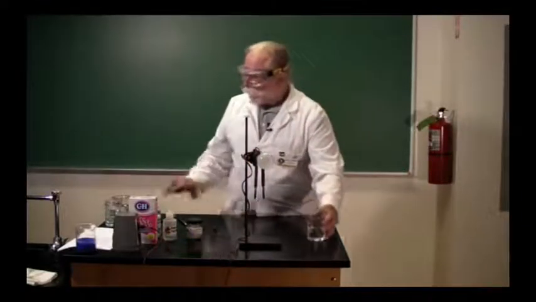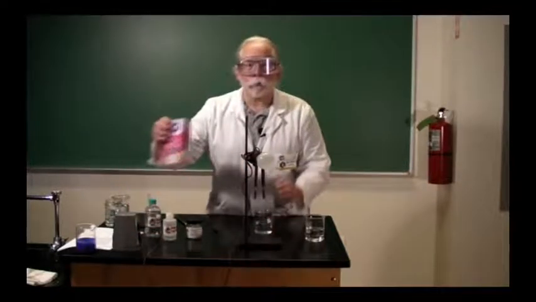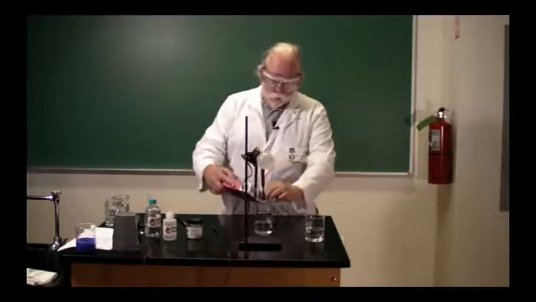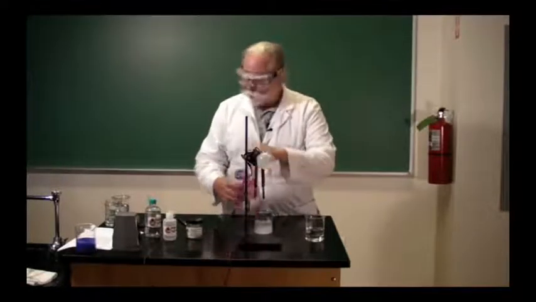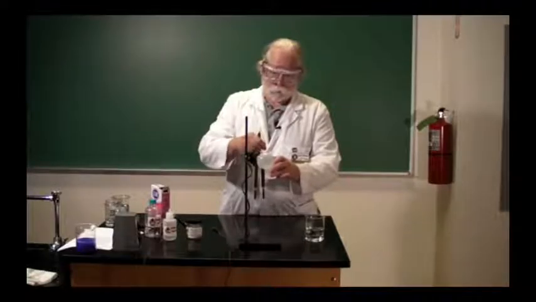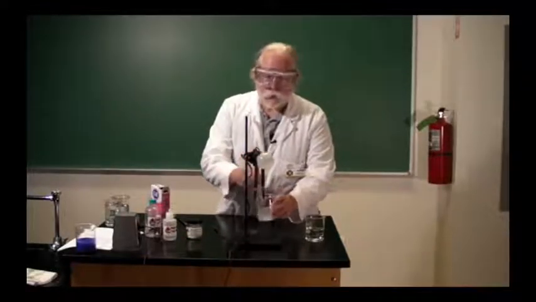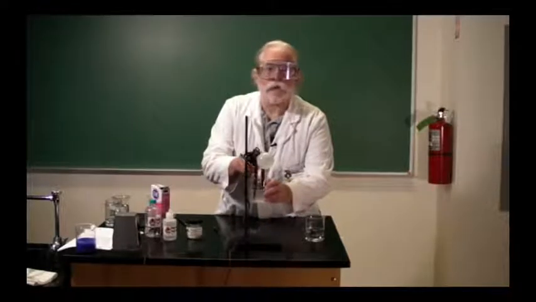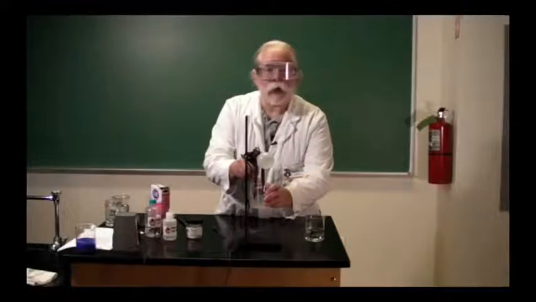The term non-electrolyte refers to a substance which dissolves in water but does not allow electrical conductivity. Here is some sugar, which I will dissolve in the water. As the sugar dissolves, the light does not light up. So sugar is a non-electrolyte.